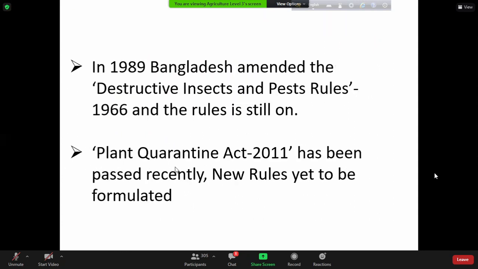You can see here, later on in 1989, Bangladesh amended the Destructive Insect and Pest rules, so that was formulated in 1966. And the Plant Quarantine Act 2011 has been passed recently. Now, new rules are yet to be formulated.